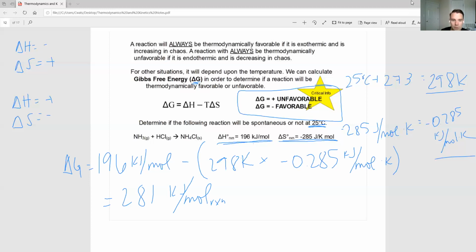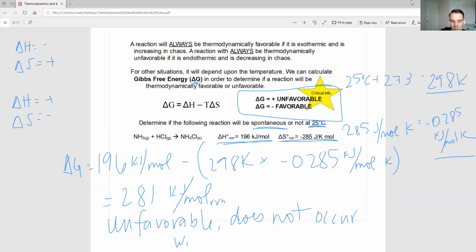And so then to answer the question, will it be spontaneous or not? So will it be thermodynamically favorable or not? So this would be unfavorable. So it does not occur without aid.